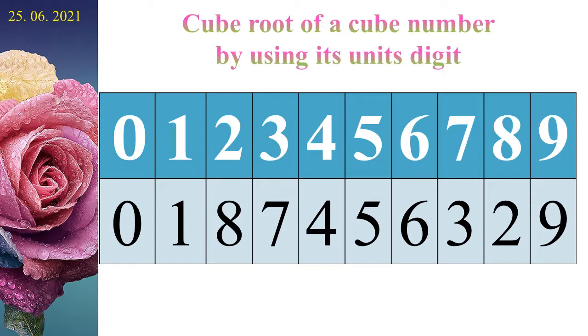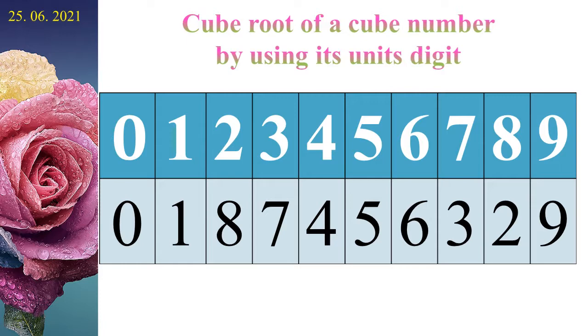If the units digit of a cube number is 1, the units digit of the cube root of the number is also 1. If the units digit of a cube number is 2, the units digit of the cube root of the number is 8.